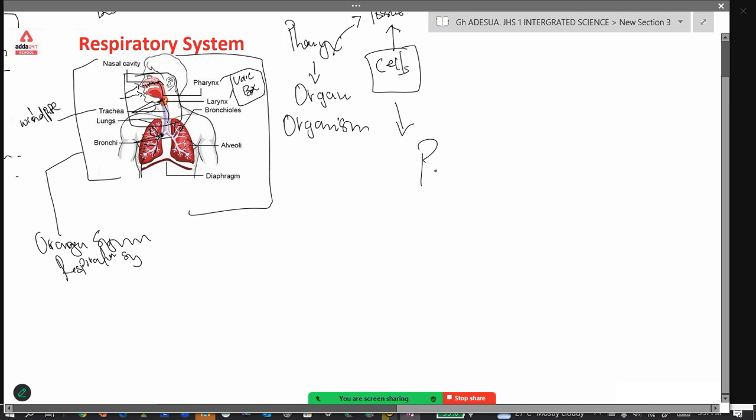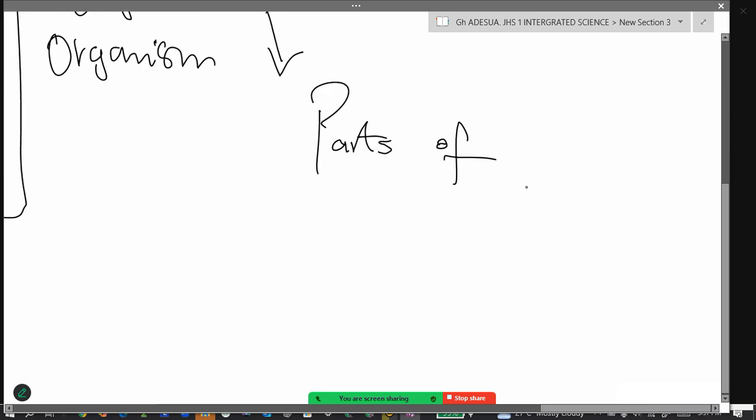So parts of, let me expand a little bit, the respiratory system.